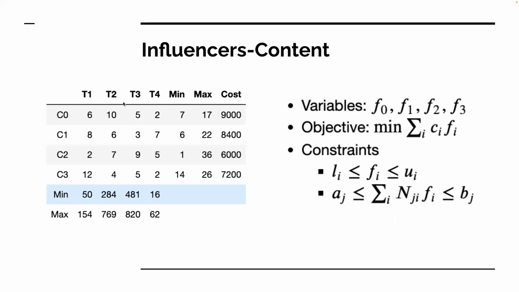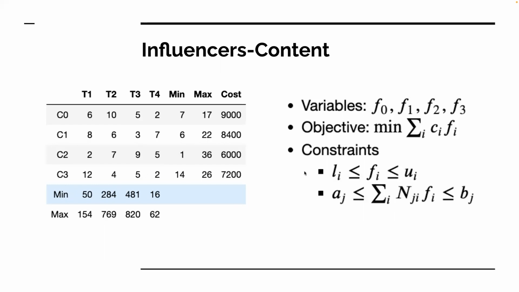Similarly, we have some content constraints. If I want to restrict the number of content units in the system, that's what AJ and BJ are, represented by the min and max rows. The quantity NJI is the type of content that creator I produces for the jth type of content, and it is again given by this matrix.